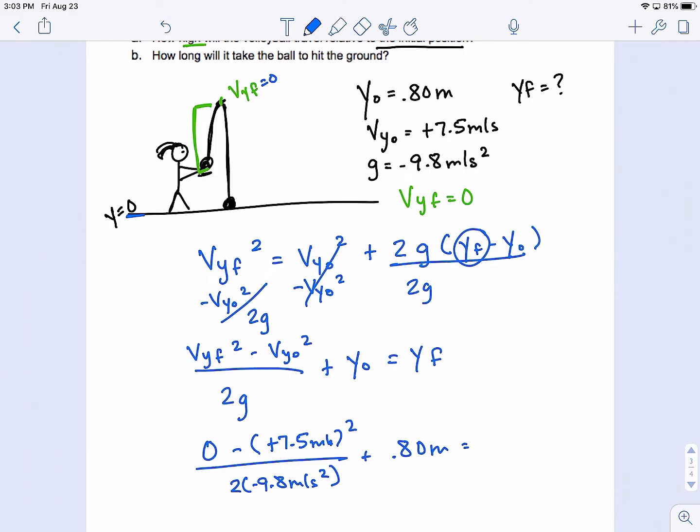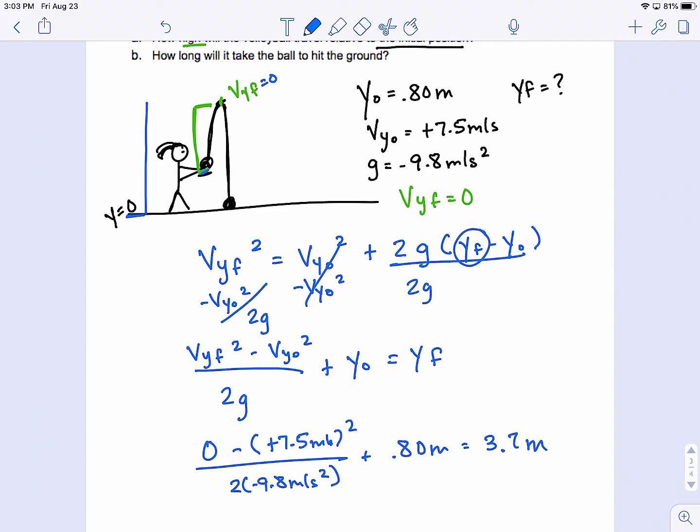So 0 minus 7.5 squared divided by 2 times negative 9.8 plus 0.8. Let's just go with 3.7 meters. Now that's from the ground.